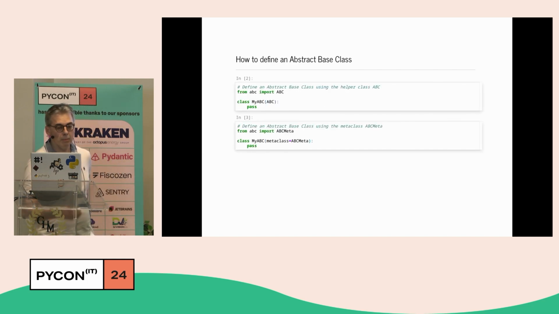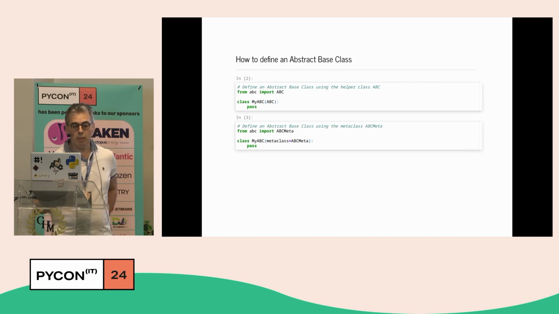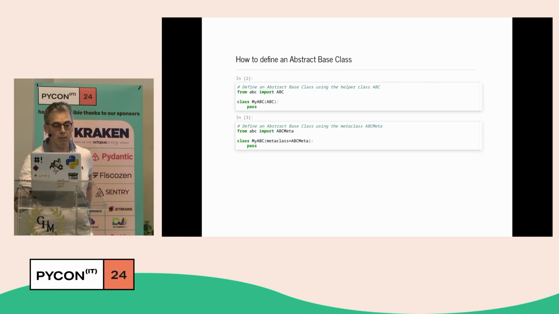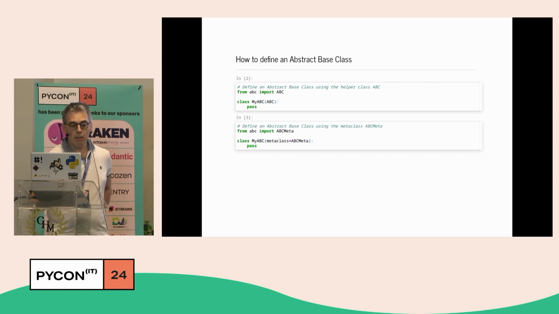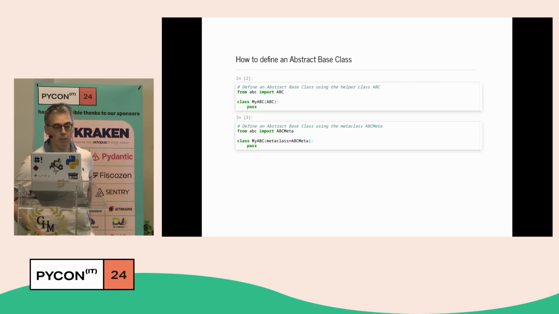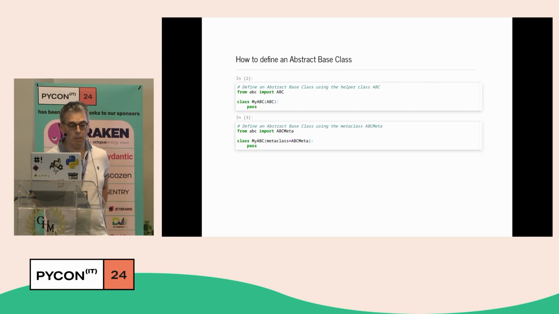How to define an abstract base class, for those who have never seen that. You can import the ABC base class and then derive your own ABC. Otherwise, you can define your ABC using the metaclass ABCMeta.